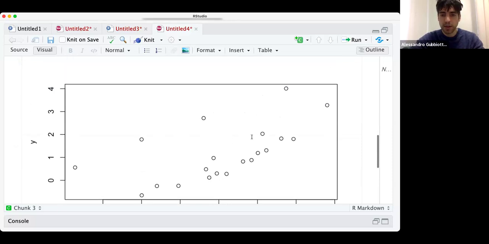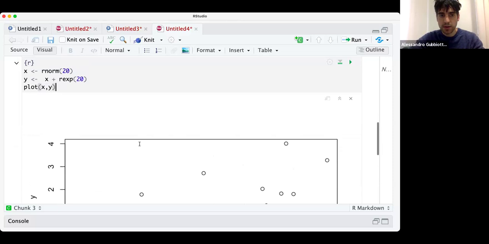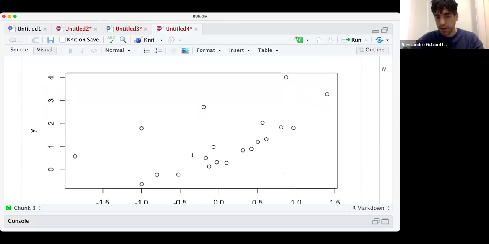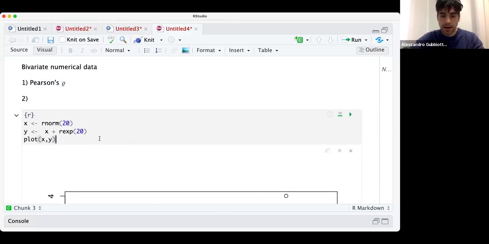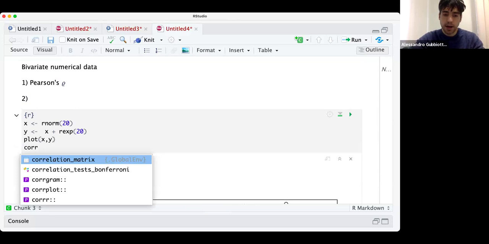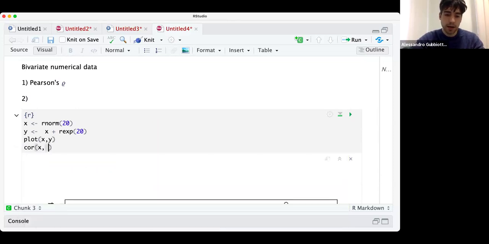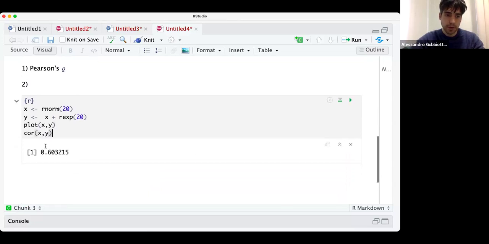For this kind of data, there are some outliers because the exponential is a positive value, but the standard correlation, Pearson's correlation, between x and y is 0.6.